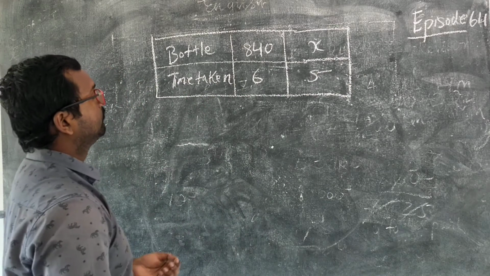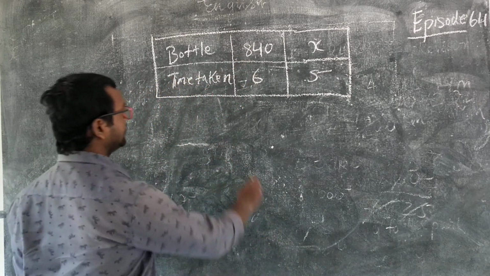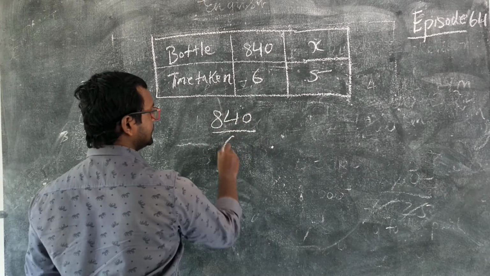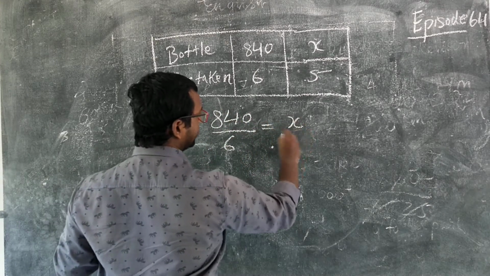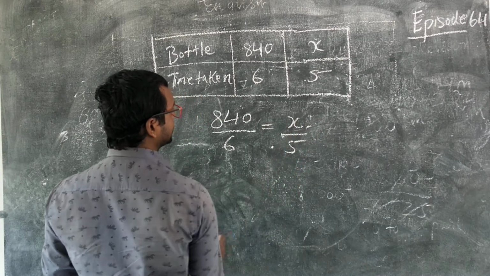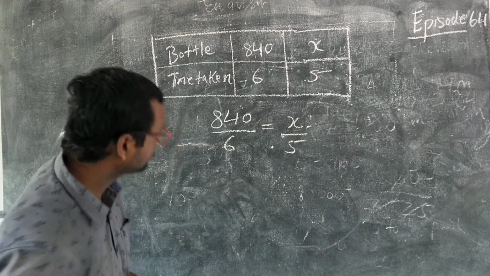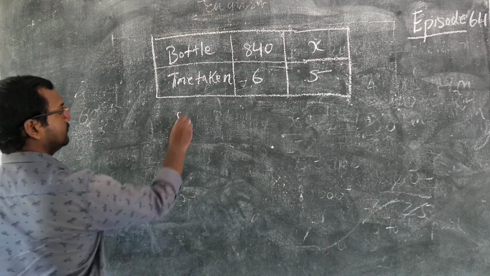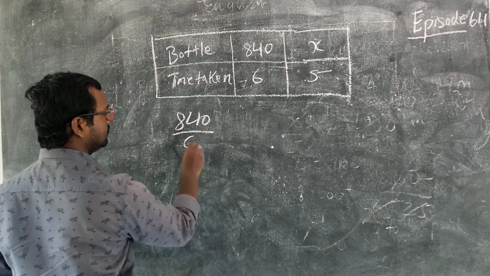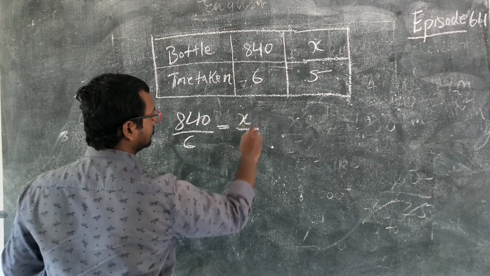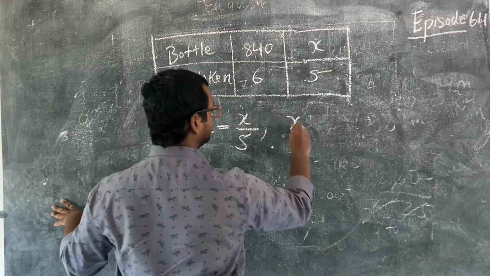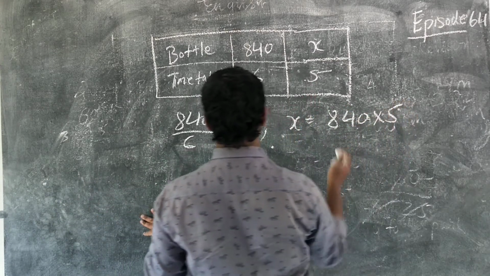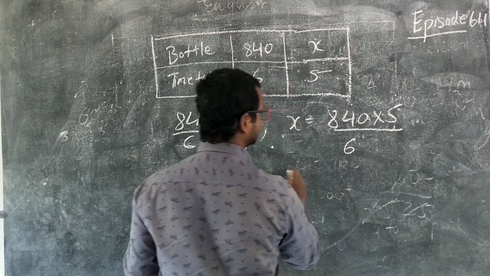So see, in 6 hours 840, we have to apply direct proportion. The direct proportion method is 840/6 = x/5. We want to find the value of x, so x is equal to 840 into 5 divided by 6.